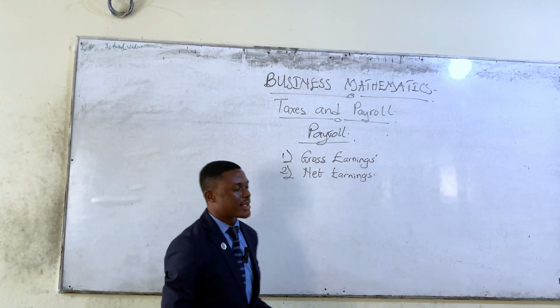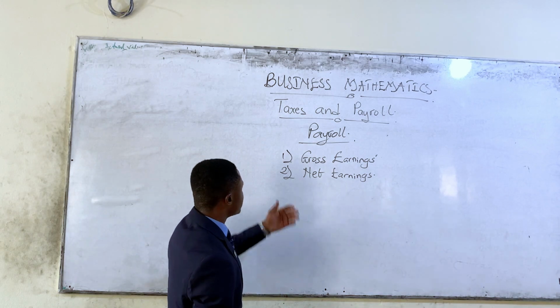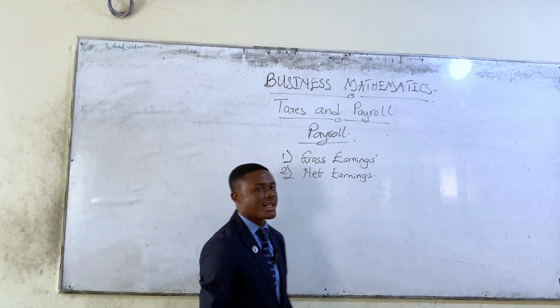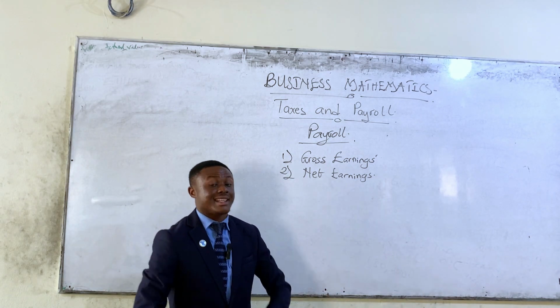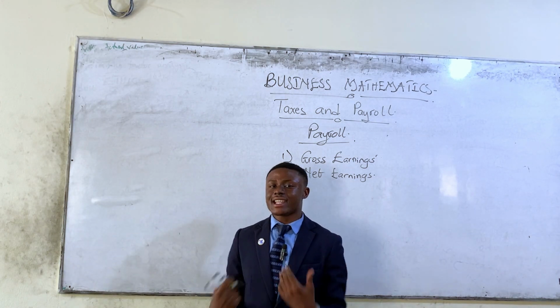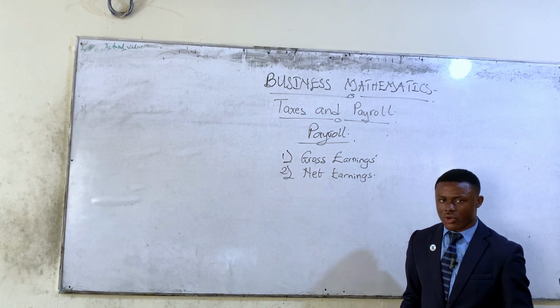Are we good? Great. So when we talk of gross earnings, I'm explaining this, and then later on we place the formulas there. Gross earnings is when you earn an income before deductions are made. Are we good?